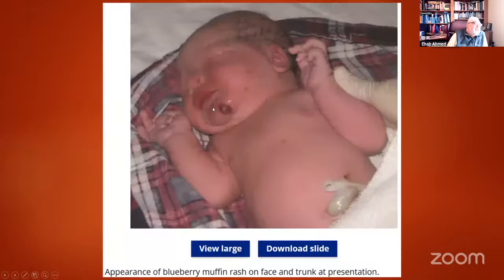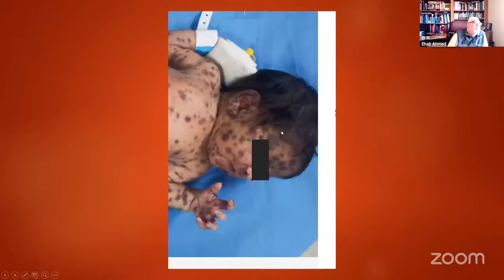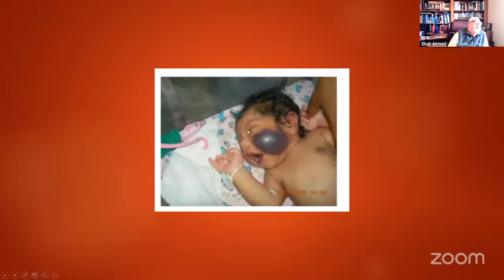Yes, this is the blueberry muffin, which can affect the whole body, including the face. The blueberry muffin is in TORCH infection. Oh, this is the purpura fulminans: protein C and protein S deficiency.